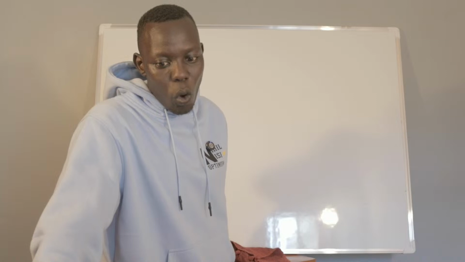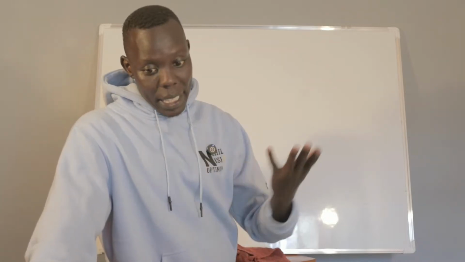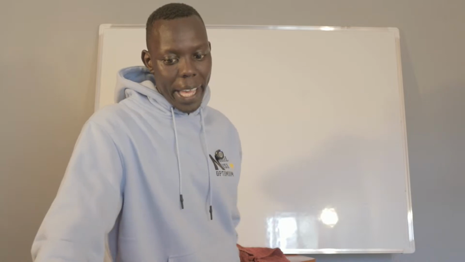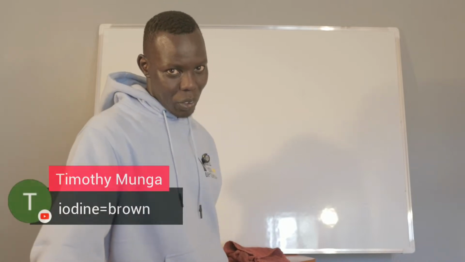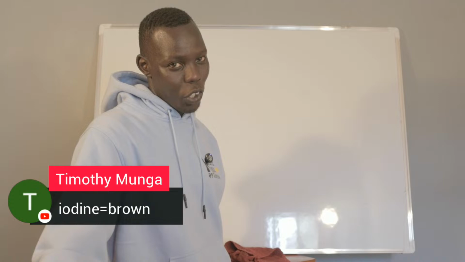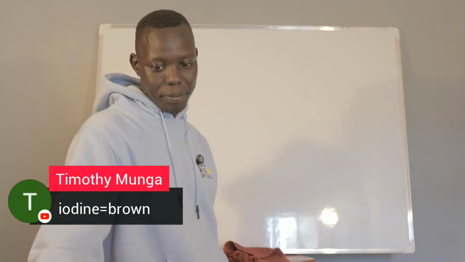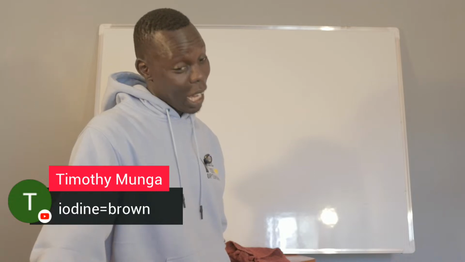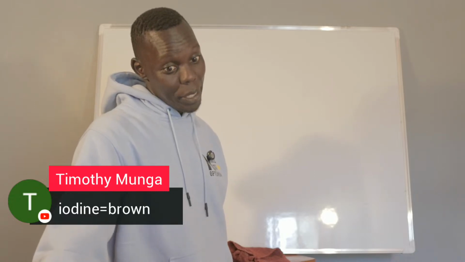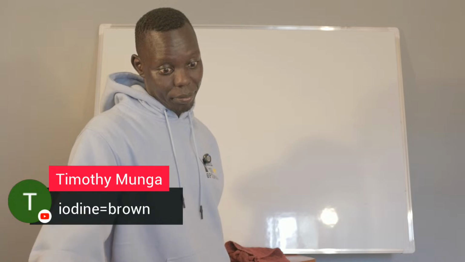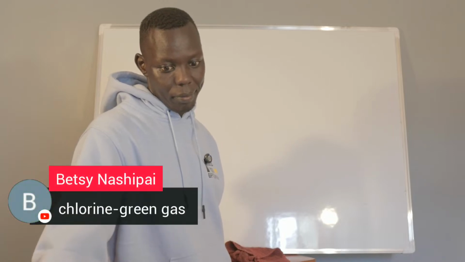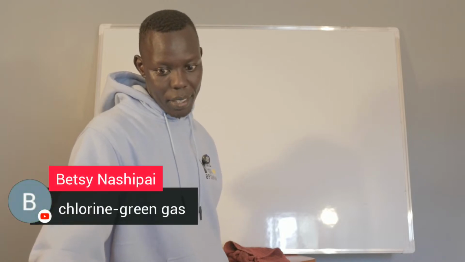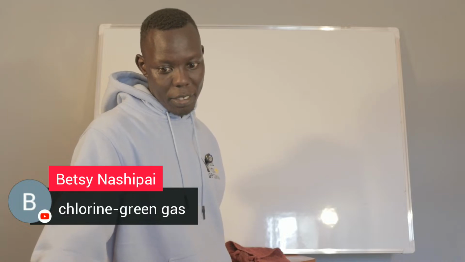Timothy says iodine is brown. I'm waiting until all 4 halogens are mentioned. Iodine has been given, someone else give another. Yesterday I mentioned the colors of chlorine and fluorine. If you were in my lesson yesterday, I mentioned it. Jerry says fluorine is pale yellow.